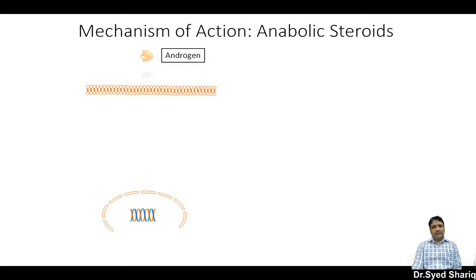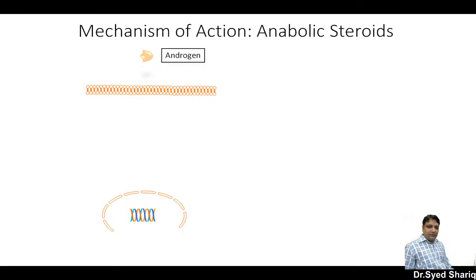So how do these anabolic steroids actually act? Anabolic steroids are basically androgens. As I told you earlier, they are not different from any androgen, the only difference is their more activity for anabolism. Therefore, their action is almost similar to any androgen.